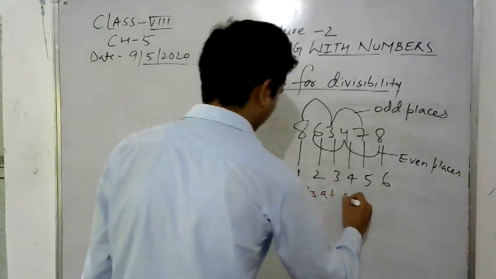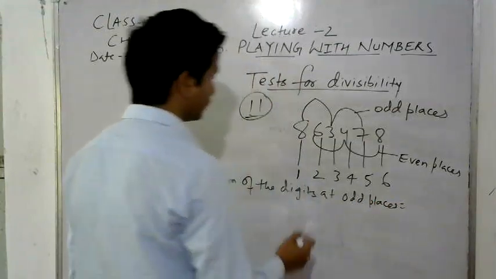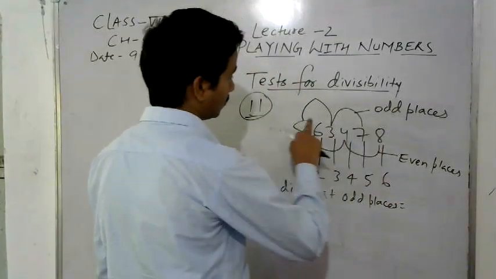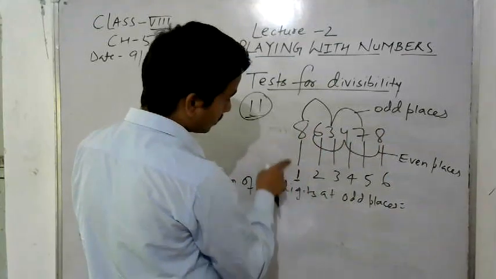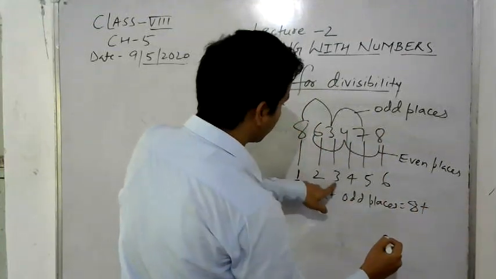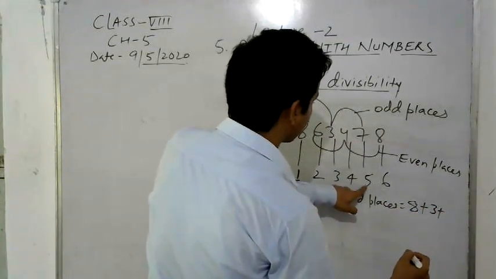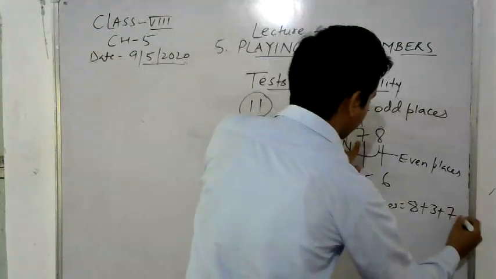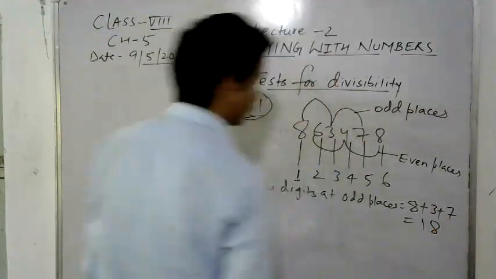Now you have to find the sum of the digits at odd places. What is the sum? Digit at first place is 8, plus digit at third place is 3, plus digit at fifth place is 7. Find the sum. 8 plus 3 is 11, plus 7 is 18.